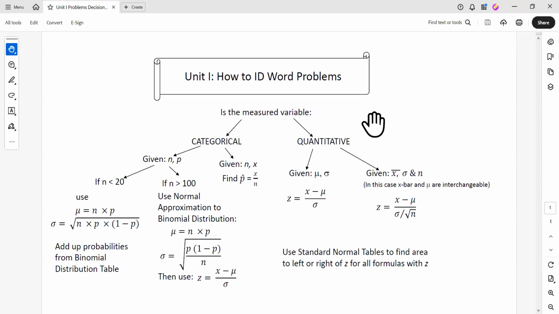All right, so if your variable is quantitative, then you're going to be given in the question either mu and sigma or x bar, mu and little n. All right, remember we have two situations. Either we are looking at a population where we actually know mu and sigma already, or we've taken a sample.